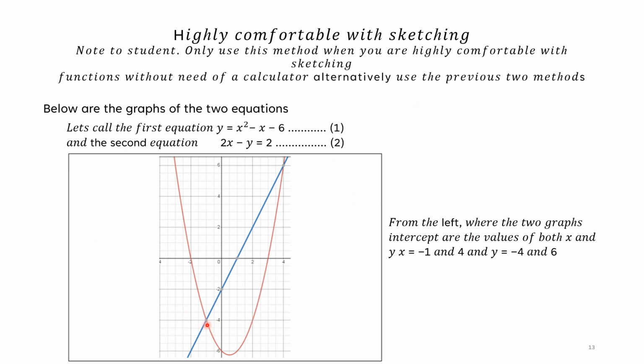If you can see here, there's a -1 somewhere here, and you'll see a -4 there, and here you'll see a 4 and a +6 there. So that's where the coordinates will be found in the straight line intersecting with this parabola.